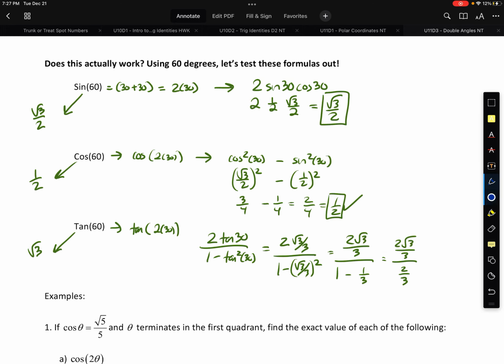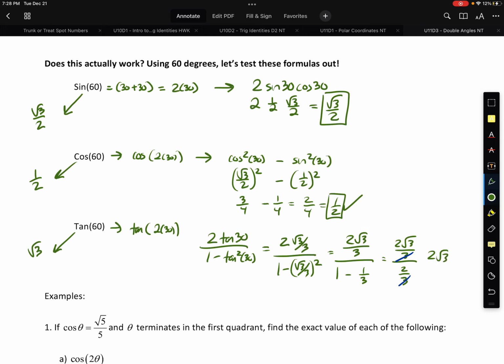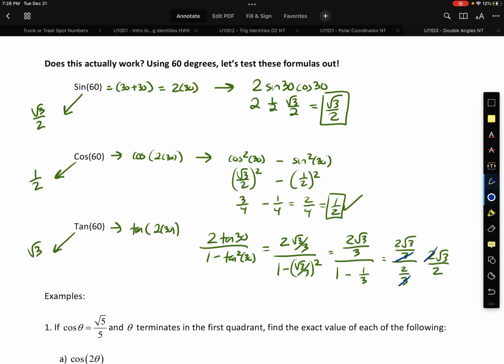Algebra 2 rule: they both have a denominator of 3, so cancel that. 2 rad 3 over 2, cancel the 2's, which gives us rad 3.